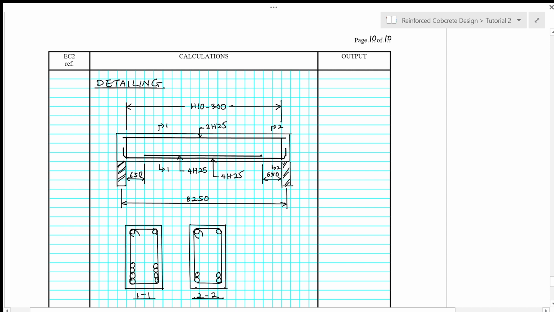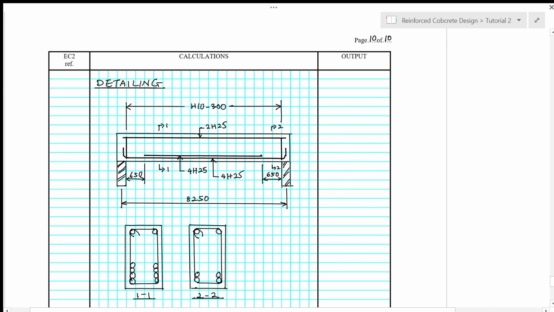And then for the compression reinforcement, we have 2H25. So it's provided from support to support. And for the shear reinforcement, we have H10 at spacing of 300 from support to support as well. And then if you cut across section 1-1, you see 8 bars as tension reinforcement.